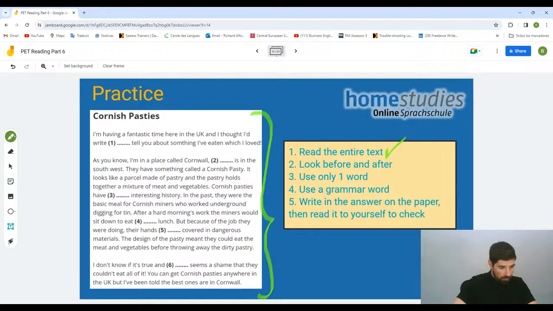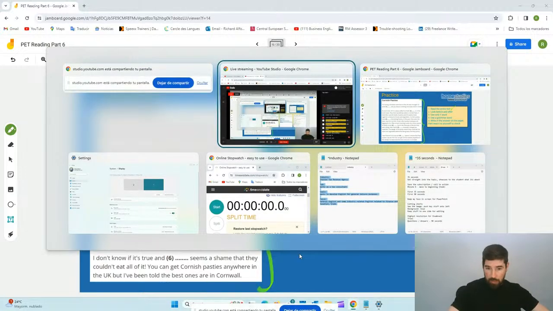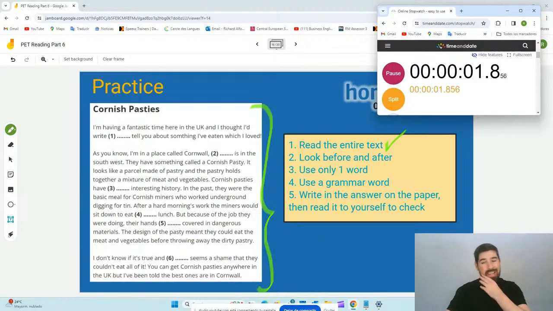In fact, I'm gonna share my timer, okay, because I'm starting to time now. So one moment, let me just share my entire screen. Right, I've got my screen there. I'll move this out the way, and I'll get my timer onto the scene. Right. So you have a minute to read the text quickly.